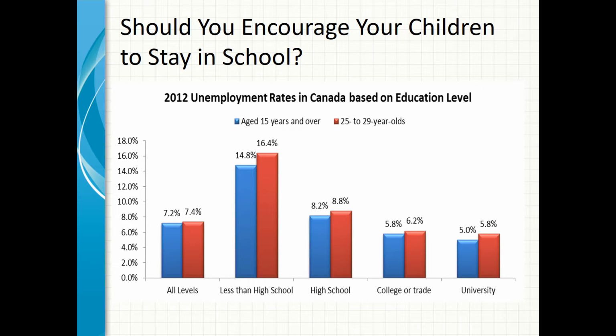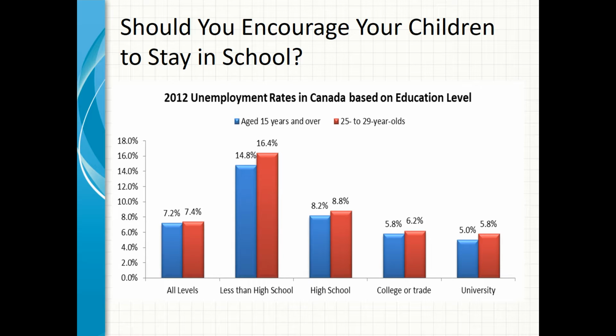And it's even better if you go to college or a trade school, and it's slightly better if you go to university. So by going to university or college, our young people become better educated, more useful to employers, and they end up getting jobs.